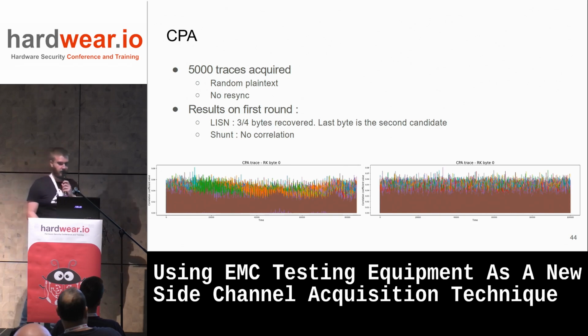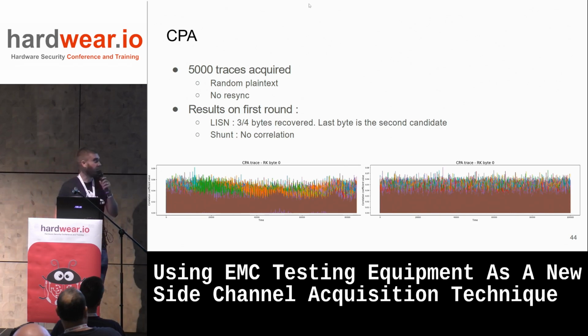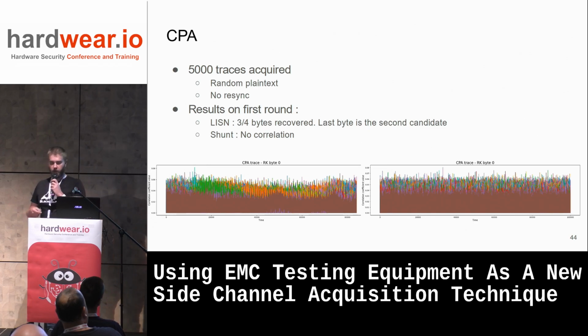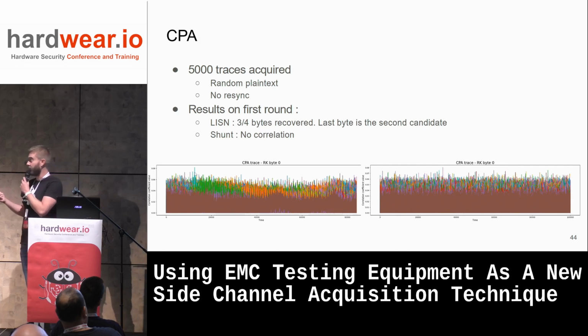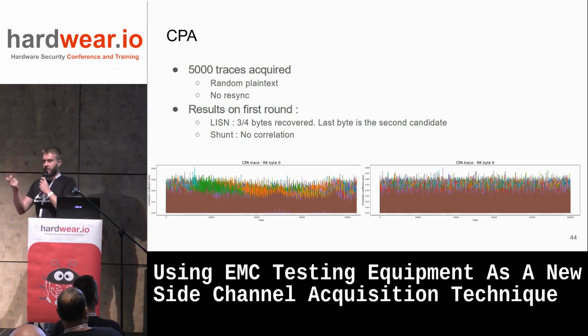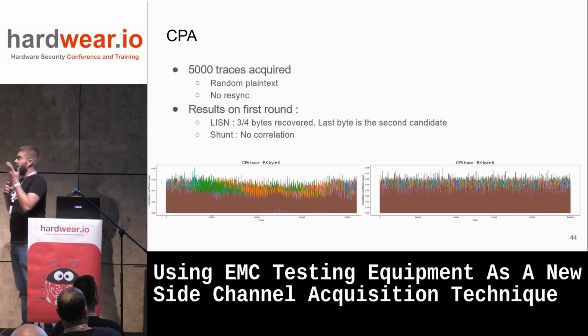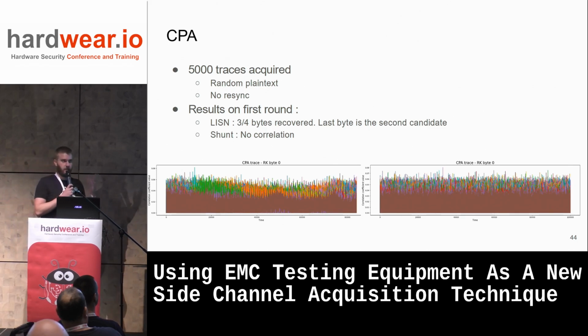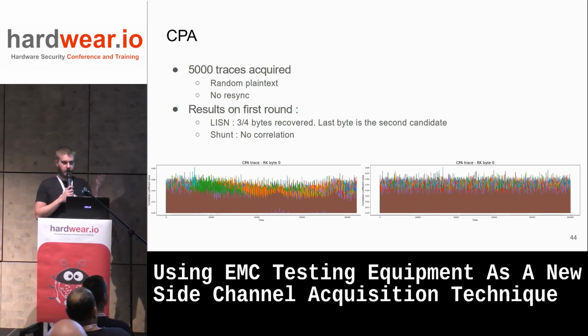It turns out that with the LISN, you can see a small peak here, which corresponds to 1 key byte in the first round, and it's correct. But on the shunt resistor, you don't see that small peak. That means that I was not able to recover part of the key using this information.